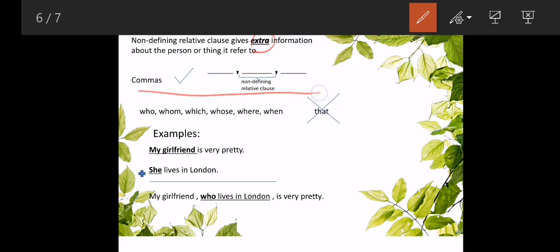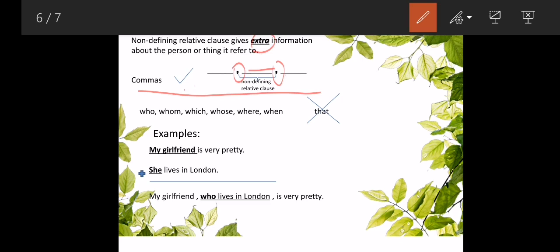And another rule, we should use commas. We need commas in a non-defining relative clause. Okay? There is a non-defining relative clause between two commas. And what are the relative pronouns or adverbs that we should use?